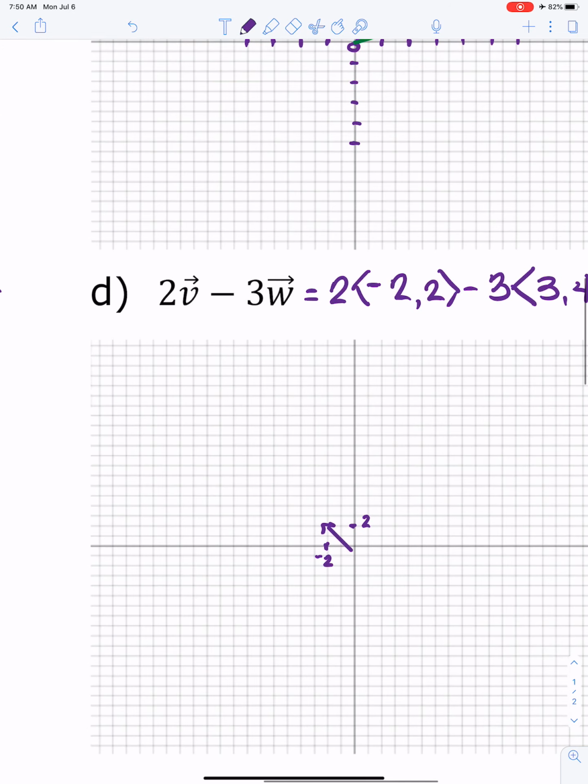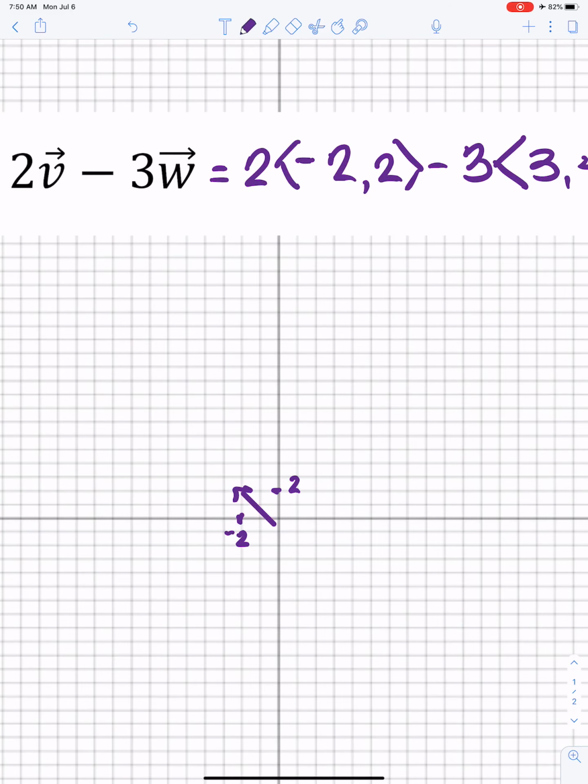There's V. Just blow it up a lot. And then we're going to do that again. So there's my 2V.